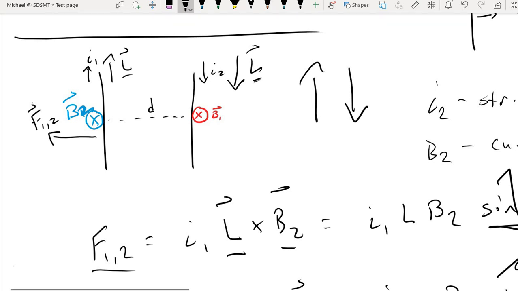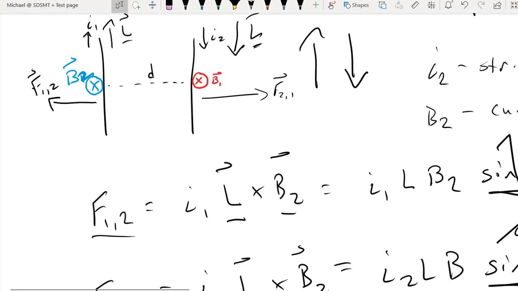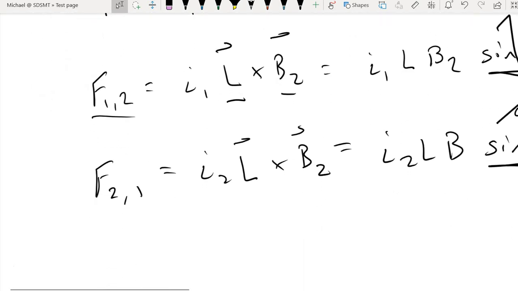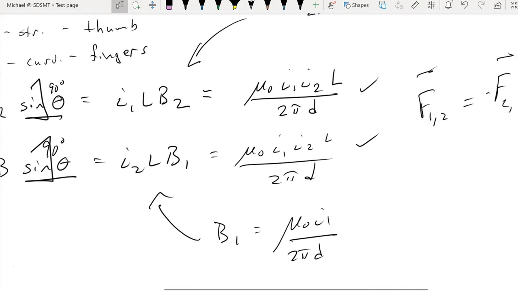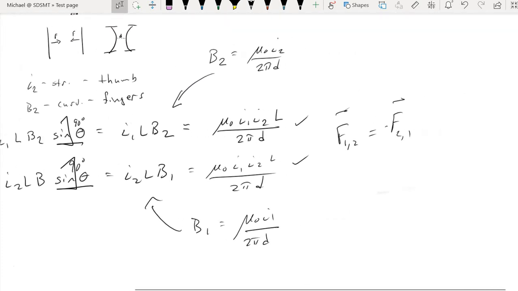I would have to stand up to do this, but in order to get that to work, the only way that we can have our thumb pointing without breaking something or straining my wrist is pointing to the right. And so those two are pointing in opposite directions, and that means we have still satisfied Newton's third law.